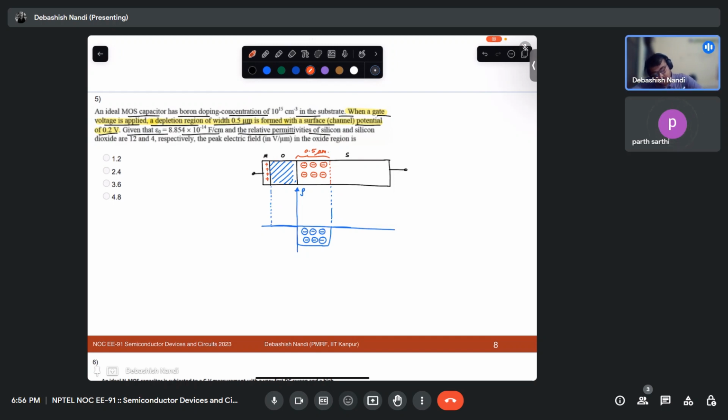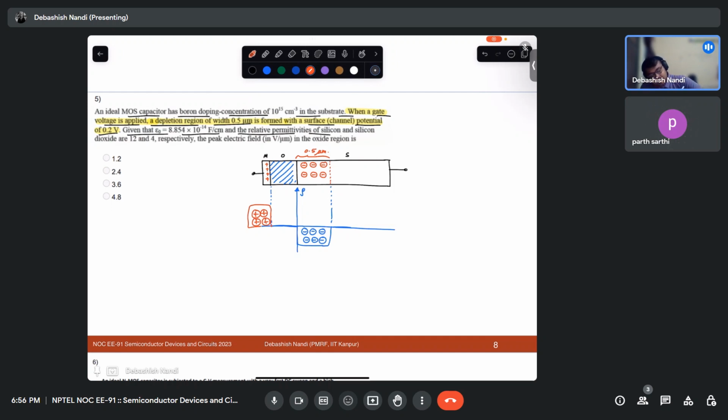Sir, the same amount of charge, inverted. Same amount, inverted, but how will I draw it? Should I draw like this? Think about it logically.